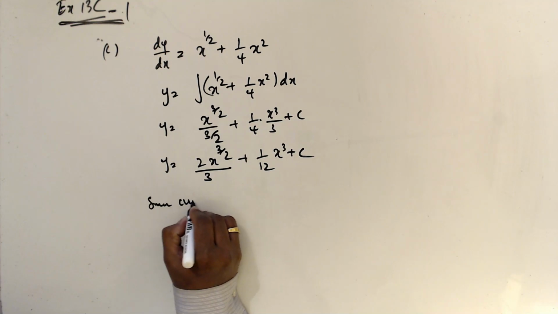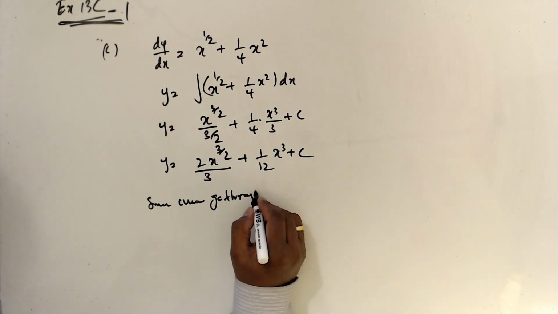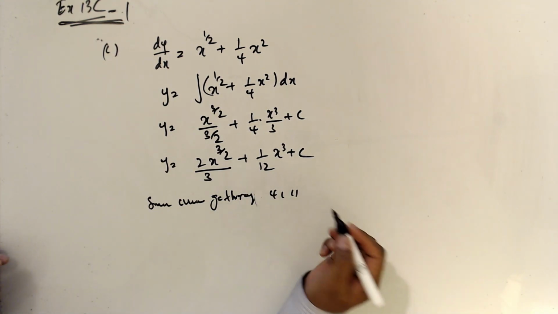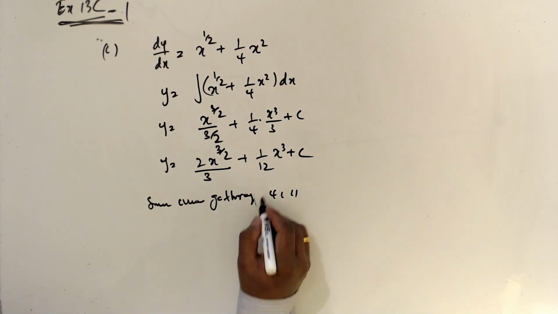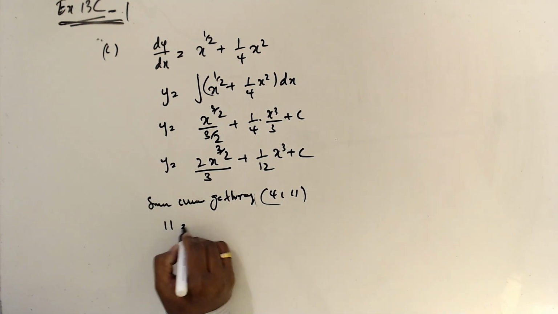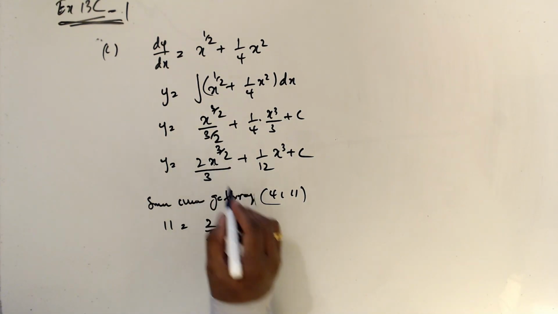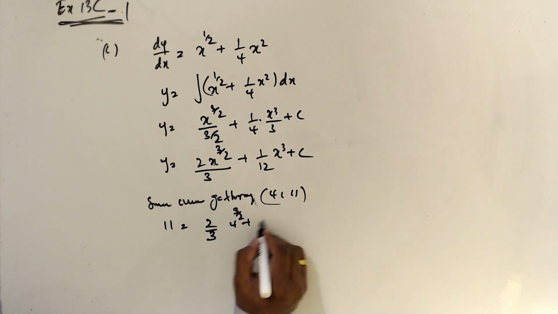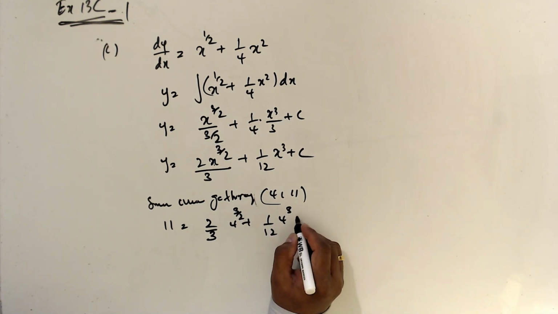Since the curve goes through (4, 11), we'll substitute here y equals 11 and x is 4: 2 times 4 to the 3 over 2 over 3 plus 1 over 12 times 4 cubed plus c.